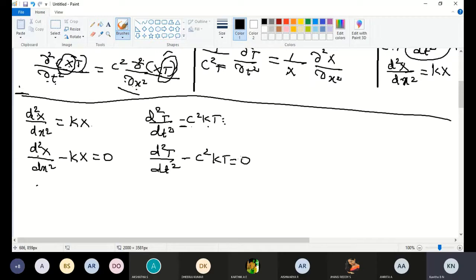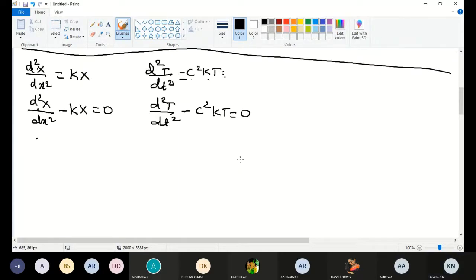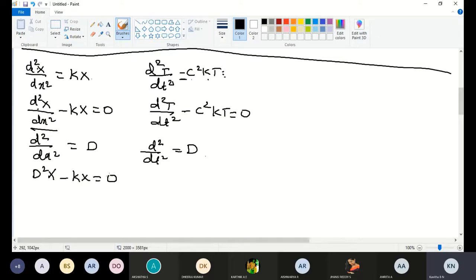Here d square by dx square, call it capital D, and also d square by dt square, call it capital D. Observe, d square by dx square, I am writing d square capital X minus kX is equal to 0.